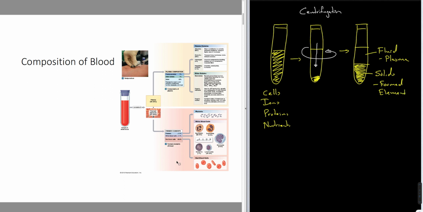Now this plasma has inside of it all of these dissolved nutrients, so ions, proteins, even proteins involved with clotting, as well as any nutrients it needs. The formed elements are composed entirely of cells. So how much plasma and how much formed element we have can vary, but typically about 55 or so percent plasma, 45 to 55% formed elements, depending on our blood count.